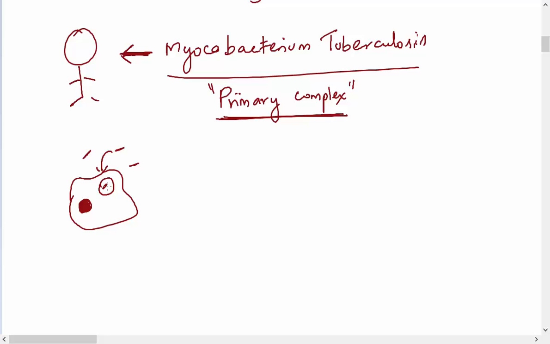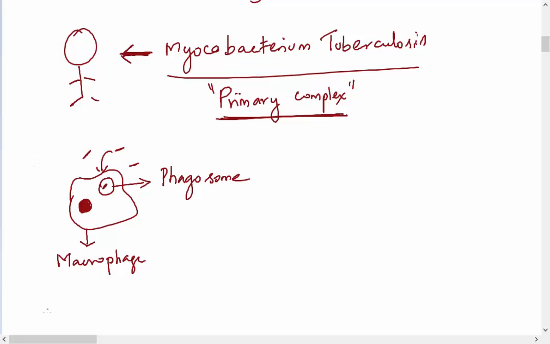Some authors call it endocytosis. Better to call it phagocytosis because it is taking a microbe. So this is called the phagosome, and this is called the macrophage.